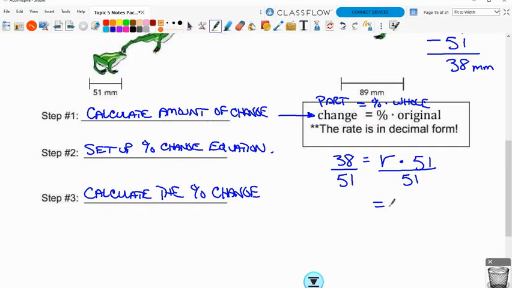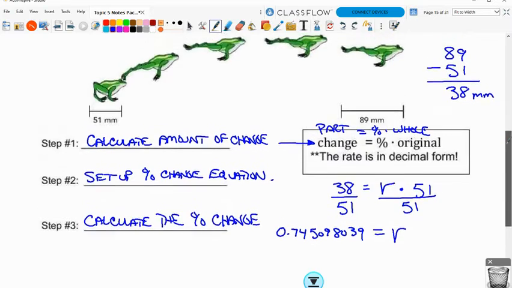On the right, 51 divided by itself is 1, leaving us with r. On the left, you're going to punch into your calculator 38 divided by 51. You're going to get a long decimal. You need to write out all of those numbers from your calculator. 0.745098039. This is the decimal form of our answer, but the question said what was the percent change?